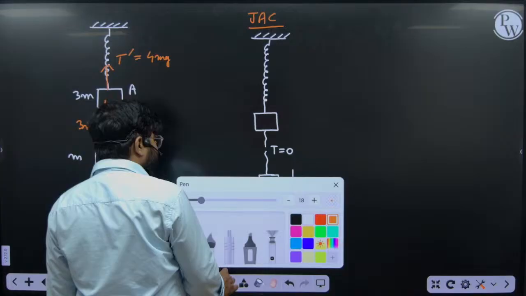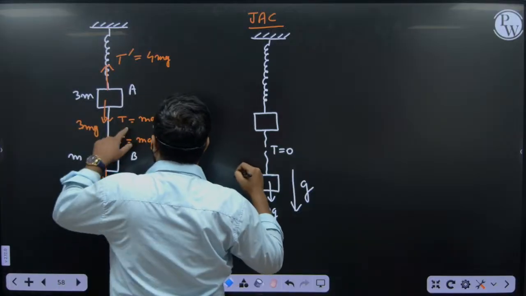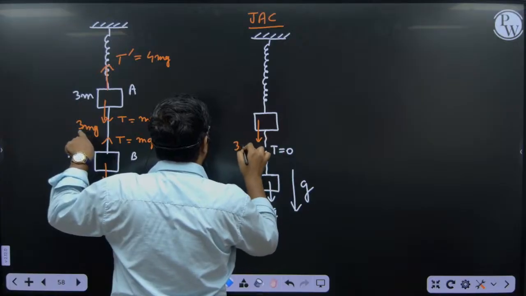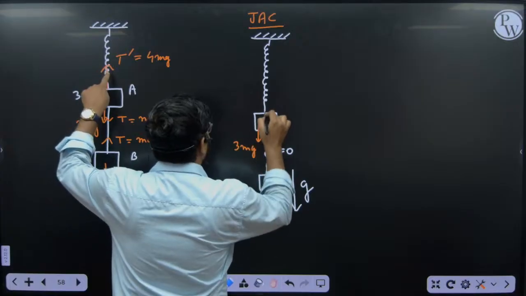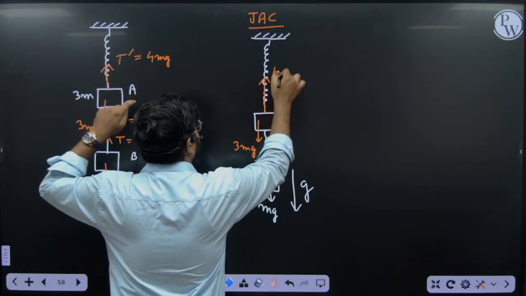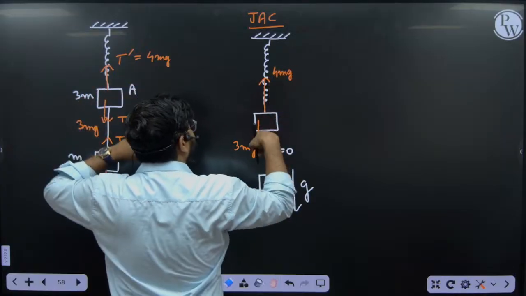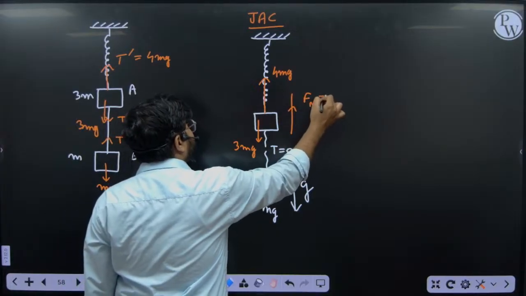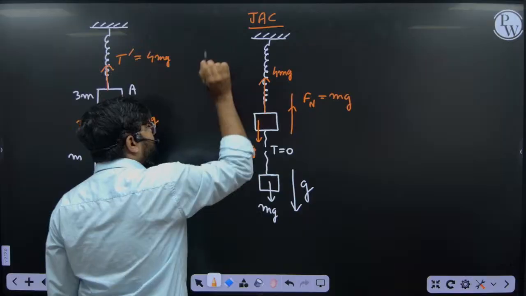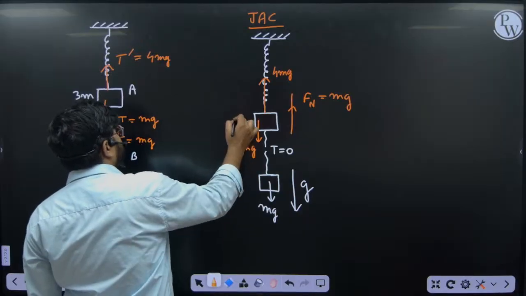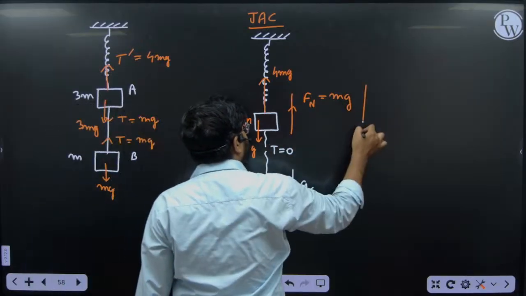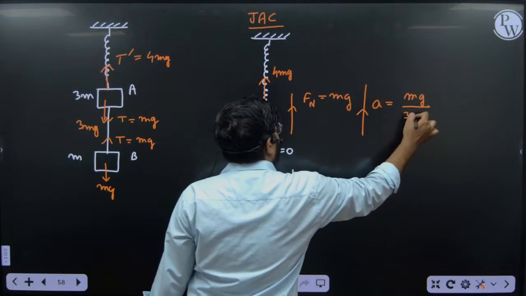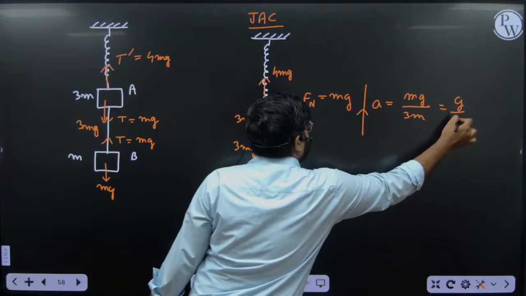But what about the first block? This tension is zero, but this 3mg, the weight, is still acting. This 4mg tension is still acting. So the net force is upwards. How much is the net force? mg upwards. But its mass is 3m. So its acceleration upwards is force by mass, g by 3.